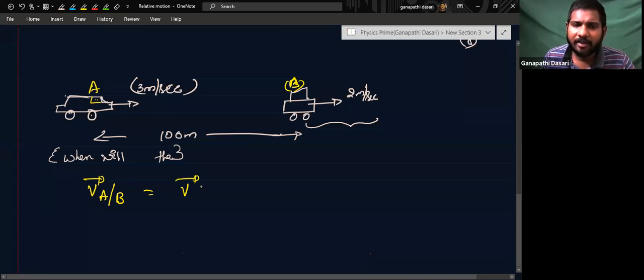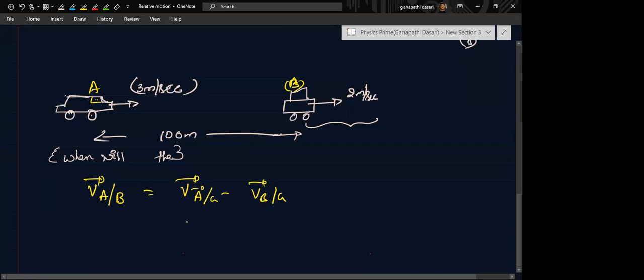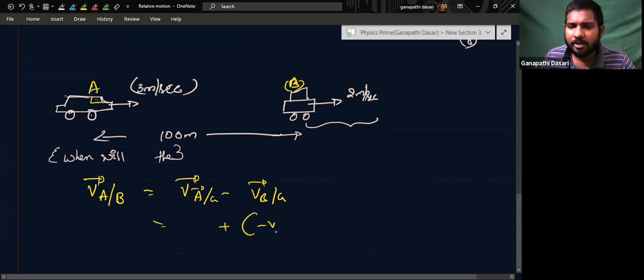Velocity of A with respect to ground minus velocity of B with respect to ground. That can be written as plus of minus velocity of B with respect to ground. That means we'll take the velocity of B vector with respect to ground and reverse its direction and add it to A, isn't it?